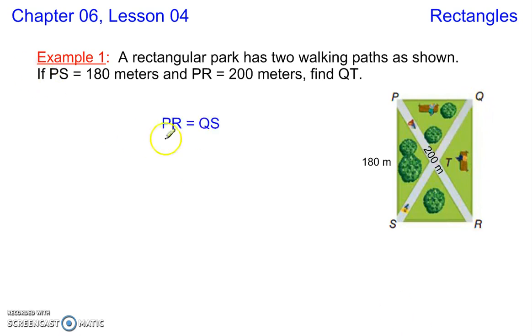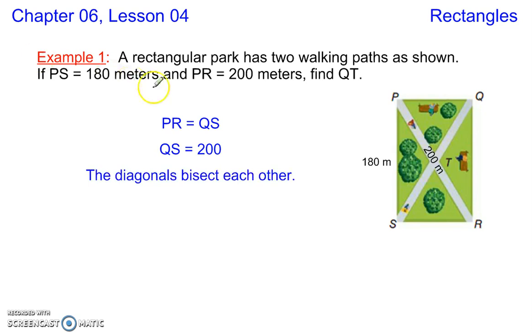Okay, well, we know that PR is equal to QS because this is a rectangular park and diagonals are congruent. So we know that QS is also 200 meters. Since diagonals bisect each other, we know that QT is 100 meters.